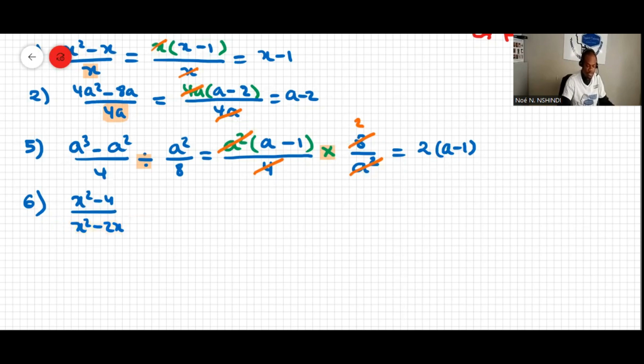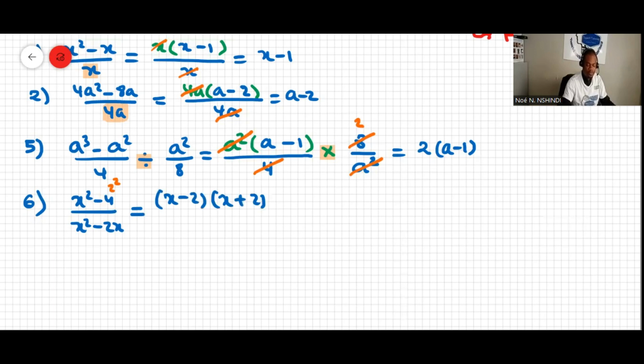So now, if I look at the numerator, 4 is the same thing as 2 squared. So over here, we notice that we have a difference of two squares, so we can apply the difference of two squares formula here. It's going to be x minus 2 and then x plus 2.